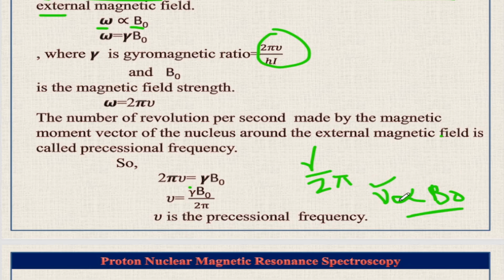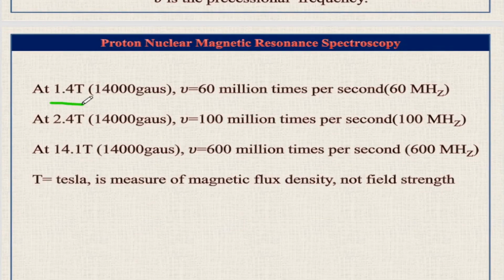What is the precessional frequency? The number of revolutions per second made by the magnetic moment vector of the nucleus around the external magnetic field is called the precessional frequency. At 1.4 Tesla, the proton shows 60 million rotations per second, which means the precessional frequency is 60 megahertz.